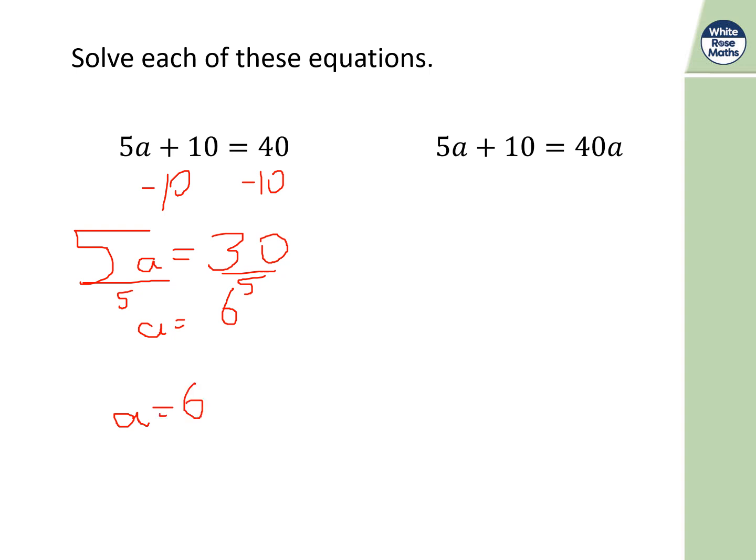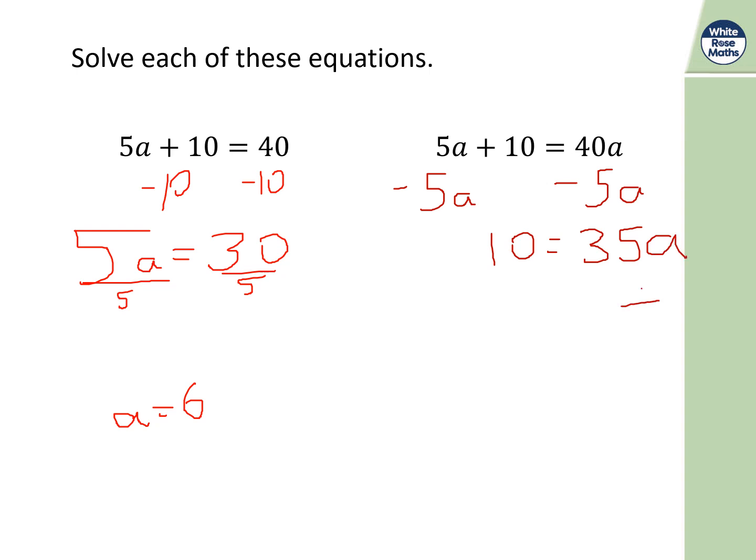For this one here, I'm going to subtract 5a on both sides. So I get all my a's on one side. We get 10 is equal to 35a.